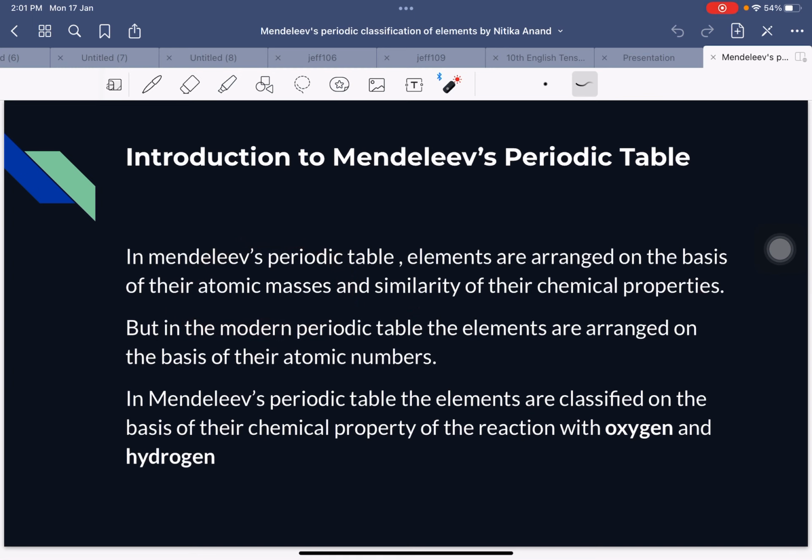So all the elements are arranged on the basis of their increasing atomic masses, meaning the lighter elements are placed before the heavy atoms, and they are also grouped because of their similarity in chemical properties as discussed before. But in the modern periodic table, we do not use atomic mass as the classification, but we use the atomic number.